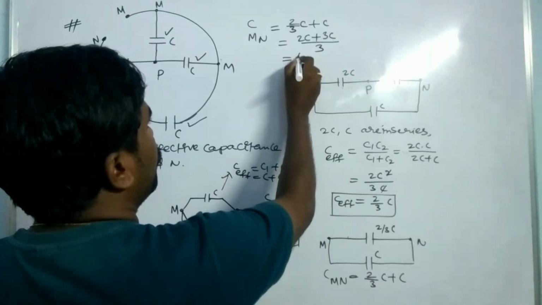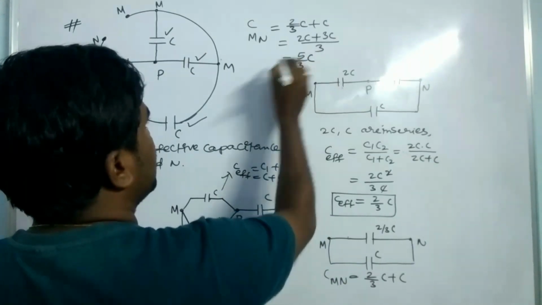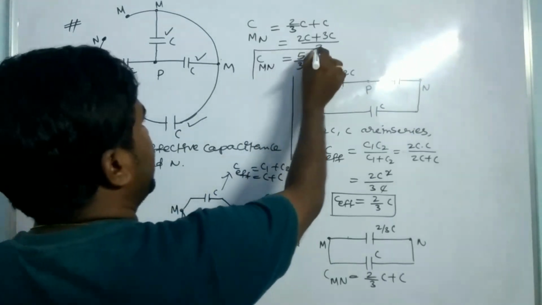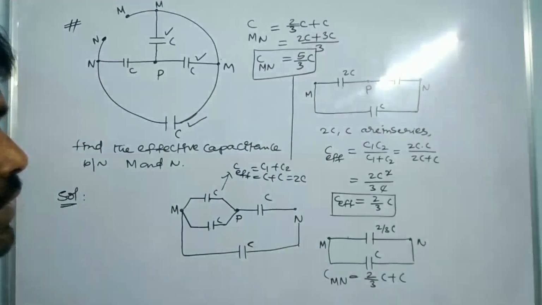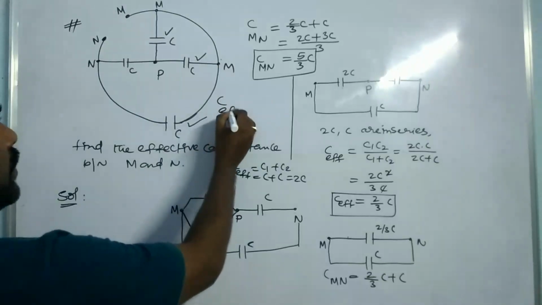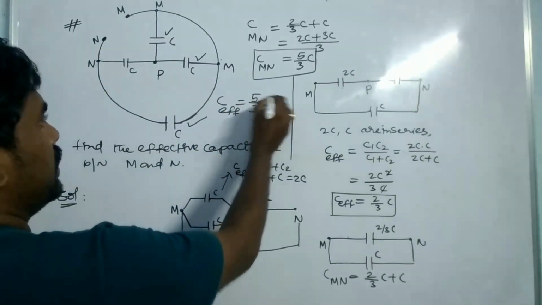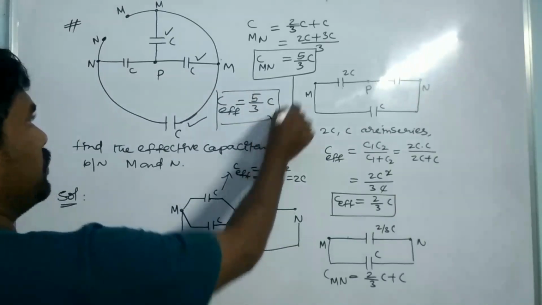It is equal to 5 by 3 C. So this is the effective capacitance between M and N. 5 by 3 C. This is the answer here. So C effective is equal to 5 by 3 C.